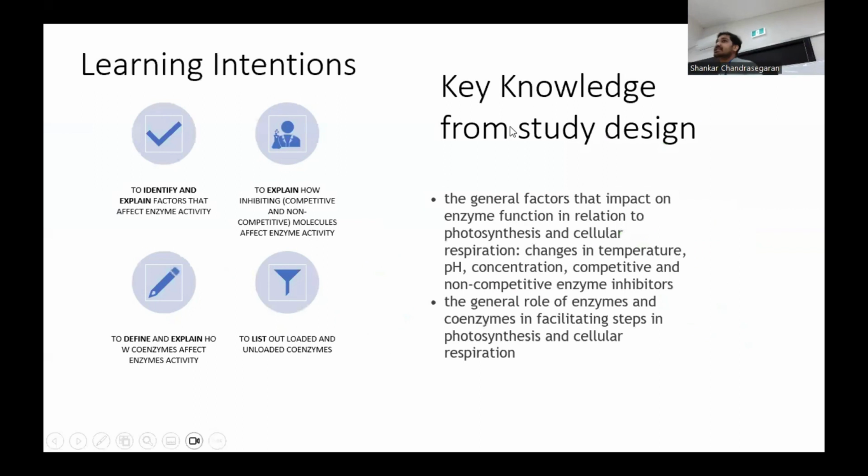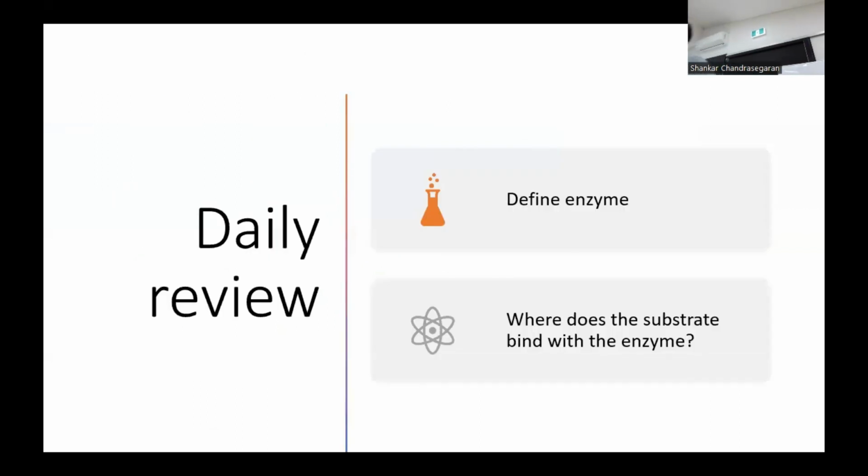All right, so today's lesson, factors affecting enzymes. So in the previous lesson, we learned that enzymes are made up of mostly proteins, and that they are very sensitive to a lot of changes, right? Their function is dependent on a lot of factors, and they also have a lot of features that you guys need to be aware of.